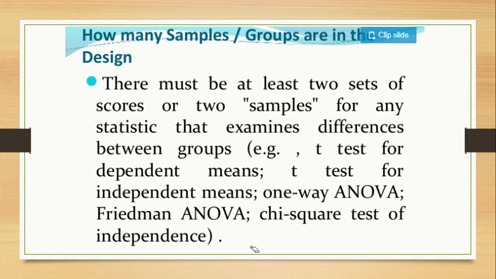There must be at least two sets of scores or two samples for any statistics that examines differences between groups. That is, t-test for dependent means, t-test for independent means, one-way ANOVA, Friedman ANOVA, chi-square test of independence.